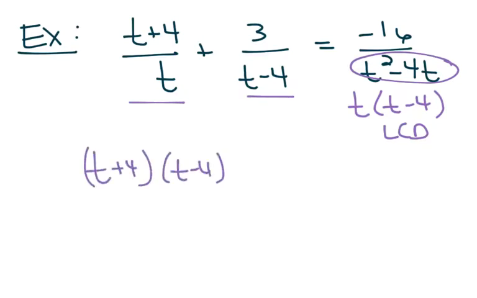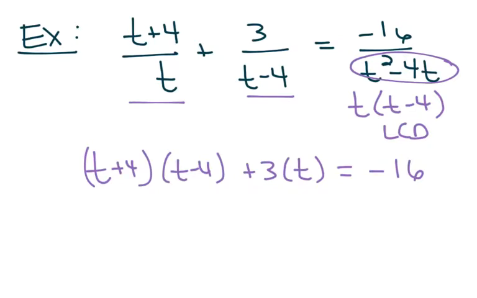The second fraction is missing a t. The third fraction has both t and t minus 4 in its denominator, so I don't need to add anything to it. Remember I said in the last problem that the denominators become negligible? That's why I didn't write any of the denominators. I only worried about what I had to multiply each fraction by to get the common denominator.